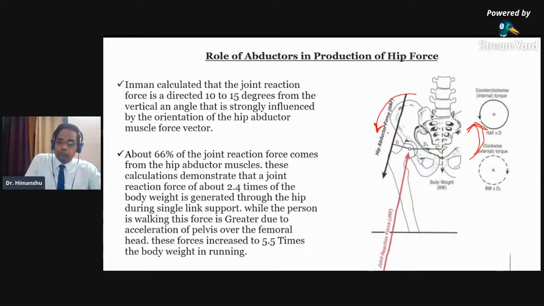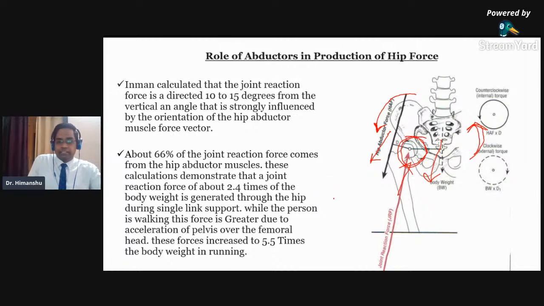So the force of the abductor muscle, which is coming here, is downwardly directed. The body weight force is also downwardly directed, but at the same time, the compressive force or the joint reaction force which is occurring between the two articular surfaces is going from down to up. So it is an upwardly directed force.